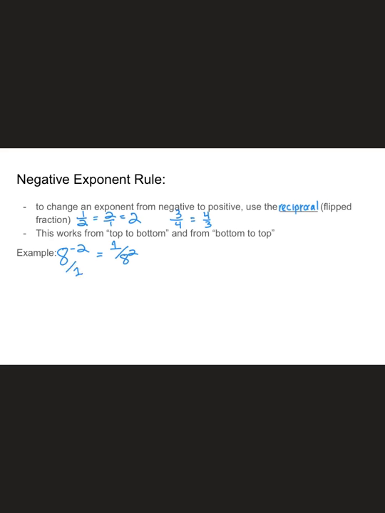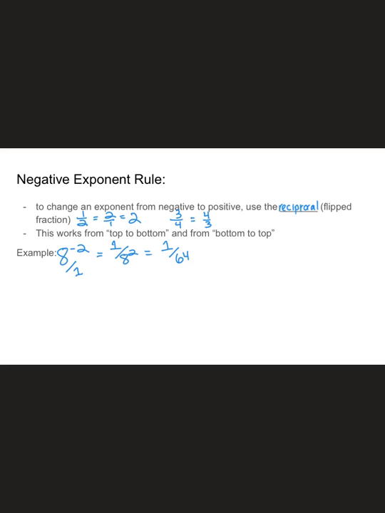So we flip the whole thing. Now we don't want to leave it like this. We are going to want to simplify it. So we end up with 1 over 64. Because it's 1 over 8 times 8, which is 64.